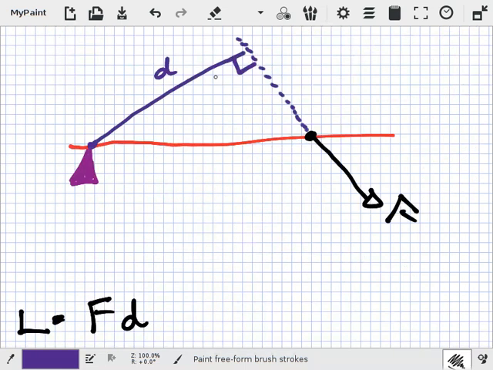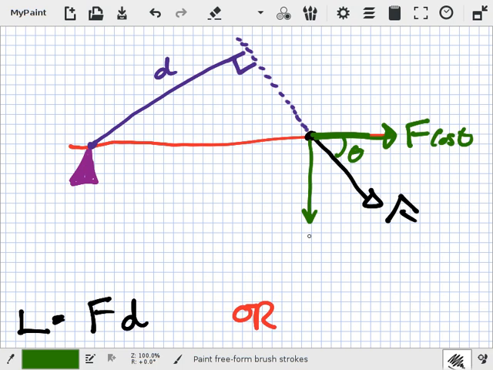Now, that's kind of messy, isn't it? Well, what you could do is take your force and calculate this, which is F cos theta, whatever, let's call that theta. That's F cos theta. And this one here is F sine theta. And this one here, I don't want to call that D. I'll call that D.